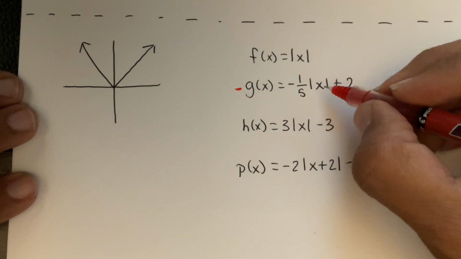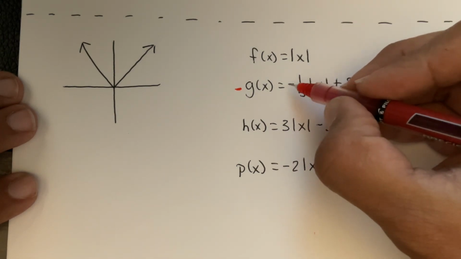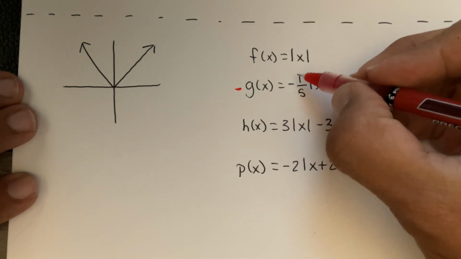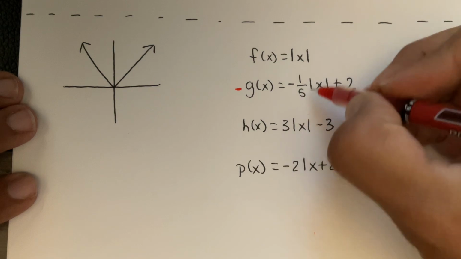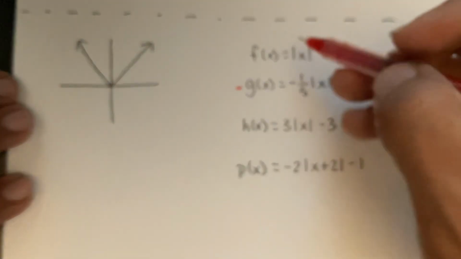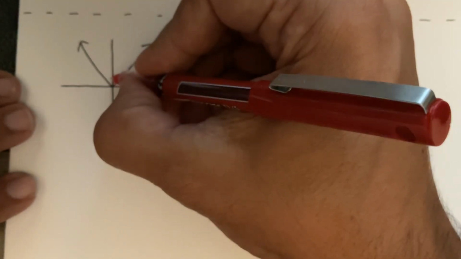So this is causing the graph to go up 2. It's going to flip. This causes it to flip. And this is less than 1. So it's going to compress, making the graph wider. So here we go. So first thing I'm going to do is move this graph up 2.